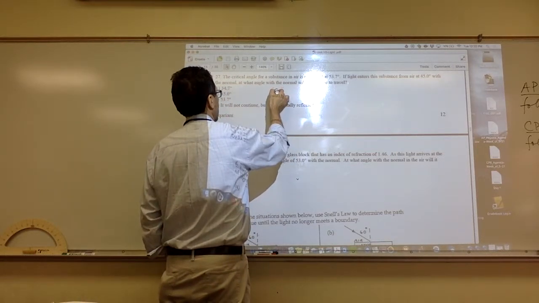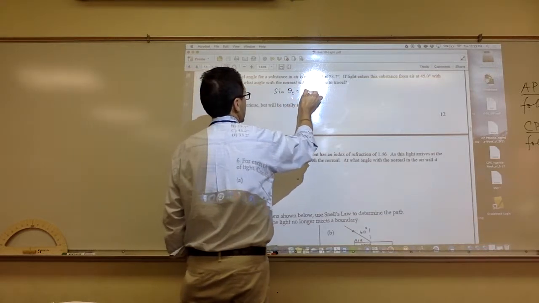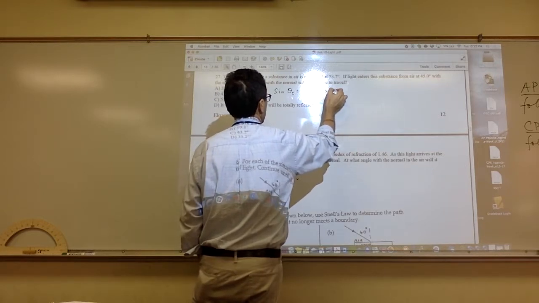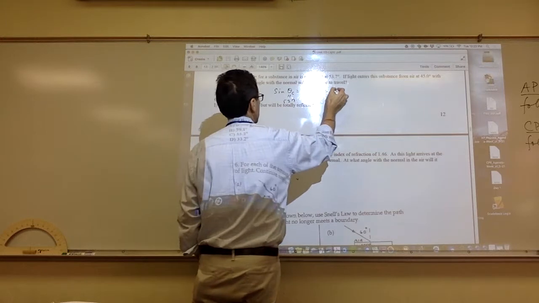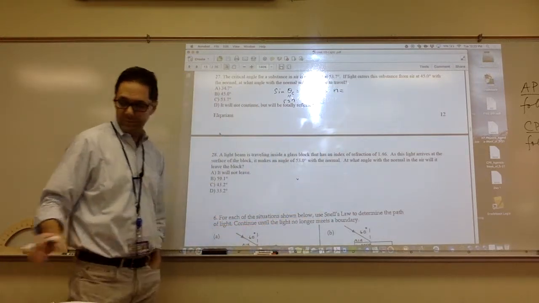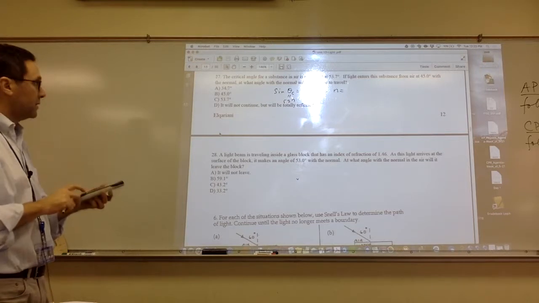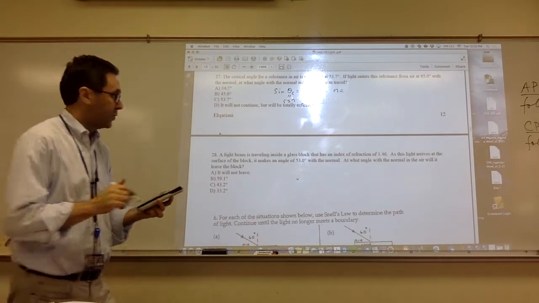So sine of this critical angle equals, since we're going into air, 1 over n. So this angle here is 53.7. So n is going to be equal to 1 divided by sine of 53.7. So it should be 1.24.